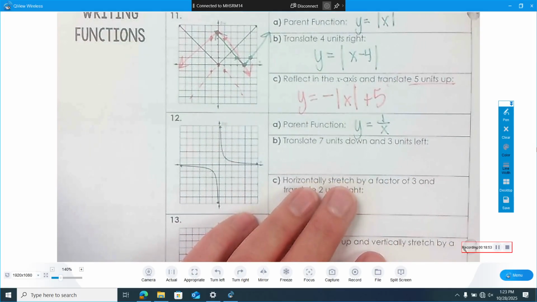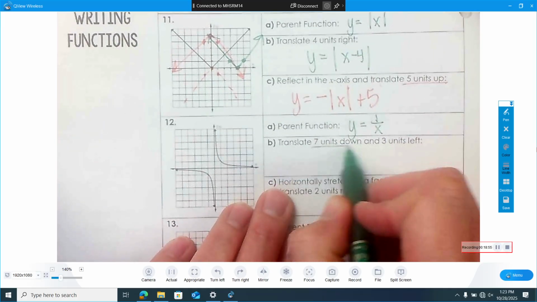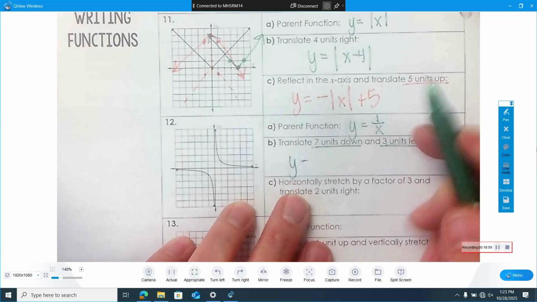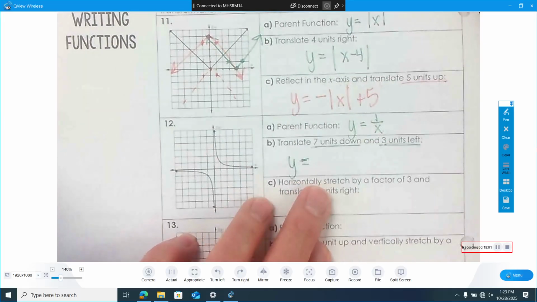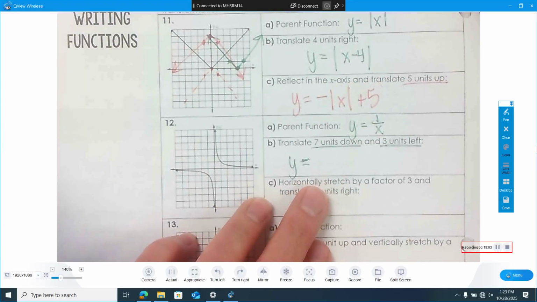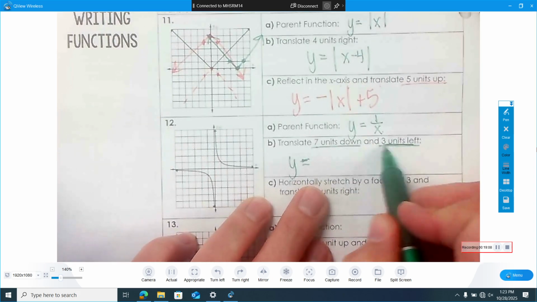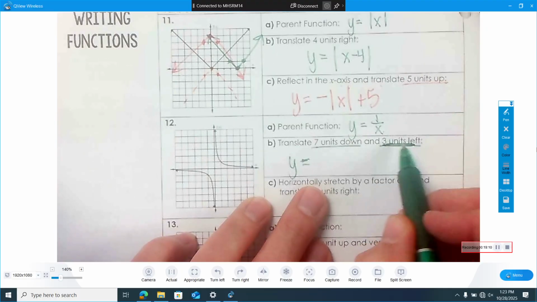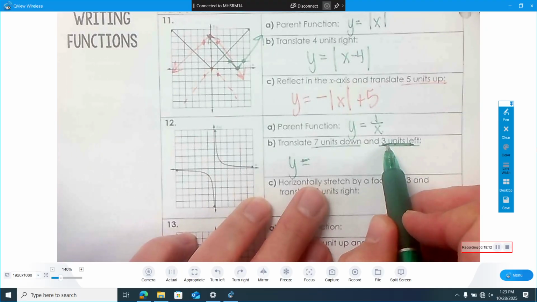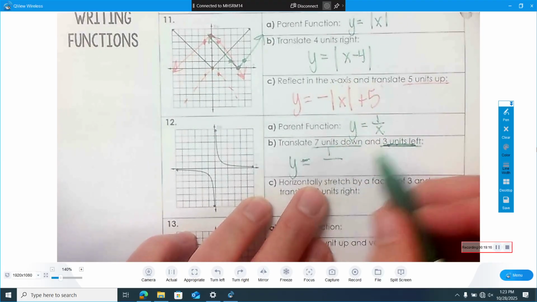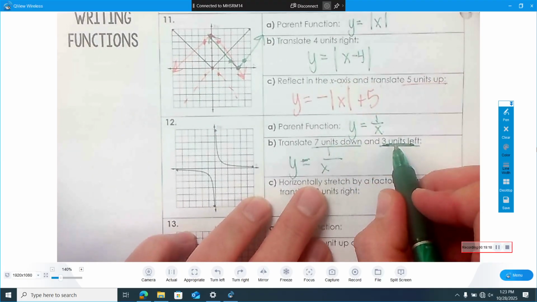Okay. Now, I want to translate it 7 units down and 3 units left. So how do I need to adjust this function? So left, that'd be like x direction, yeah? So where should the 3 go? On the bottom with the x. Okay, so 1 over, and what should it be, x minus 3 or x plus 3?